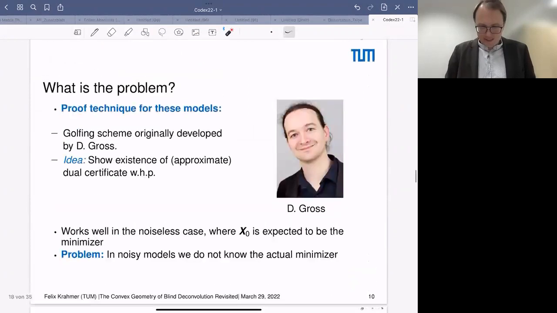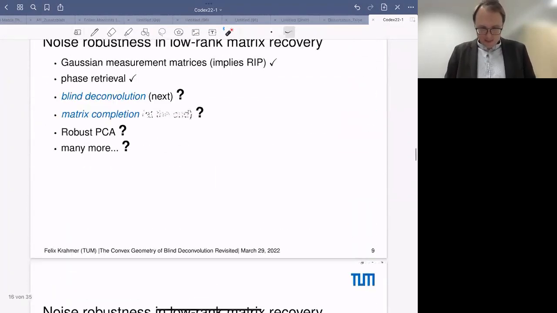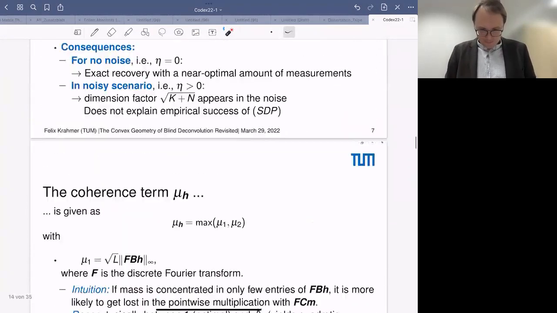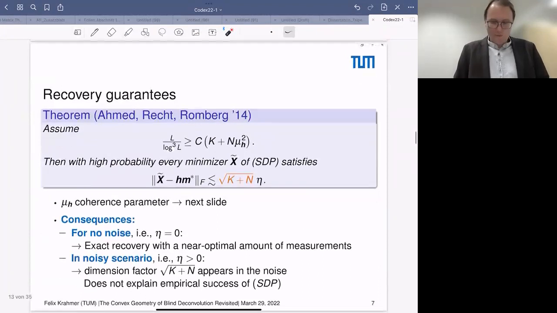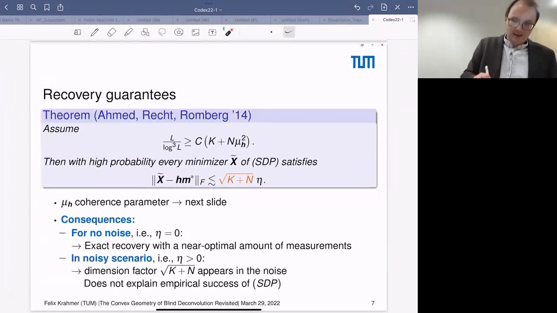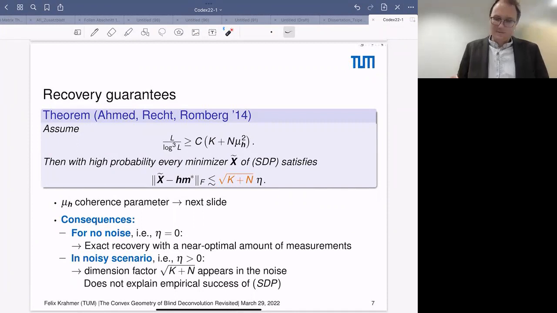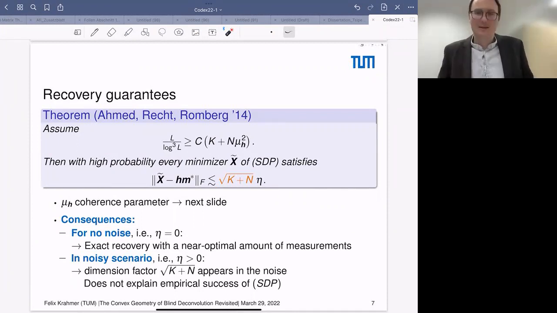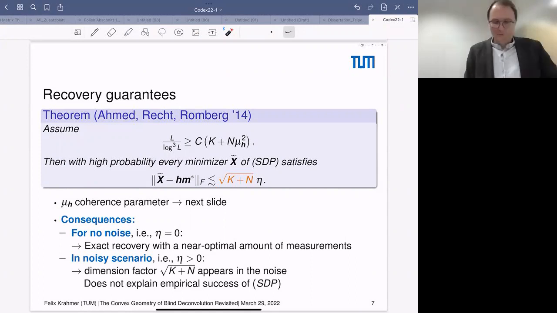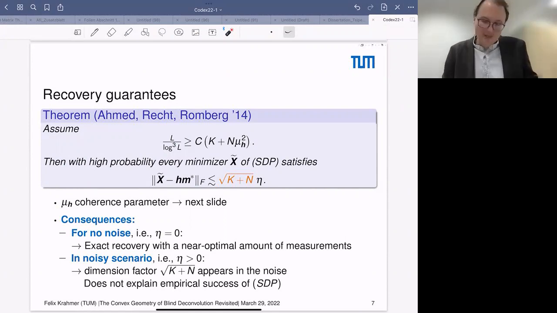Going back to the other result that we had, what we are looking for is a closeness that scales with our noise level eta. Then we had this factor square root of k plus n, so we would like to have a constant times eta.